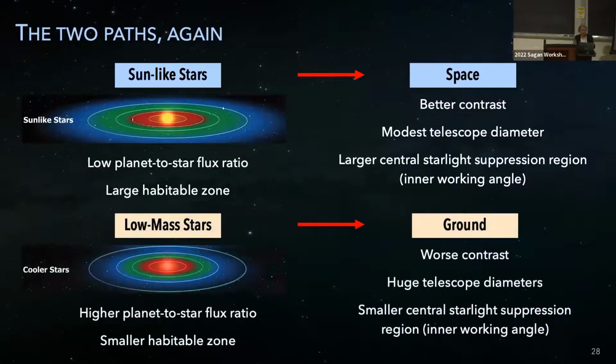Okay, but on the other hand, direct observations of habitable planet candidates around the low-mass stars need the extremely small inner working angles made possible by those enormous ground-based telescopes. And fortunately, these planets should be observable even with the worst contrast possible from the ground. So the complementary strengths and weaknesses of both space and ground-based observations were sort of matched to these two different stellar environments.